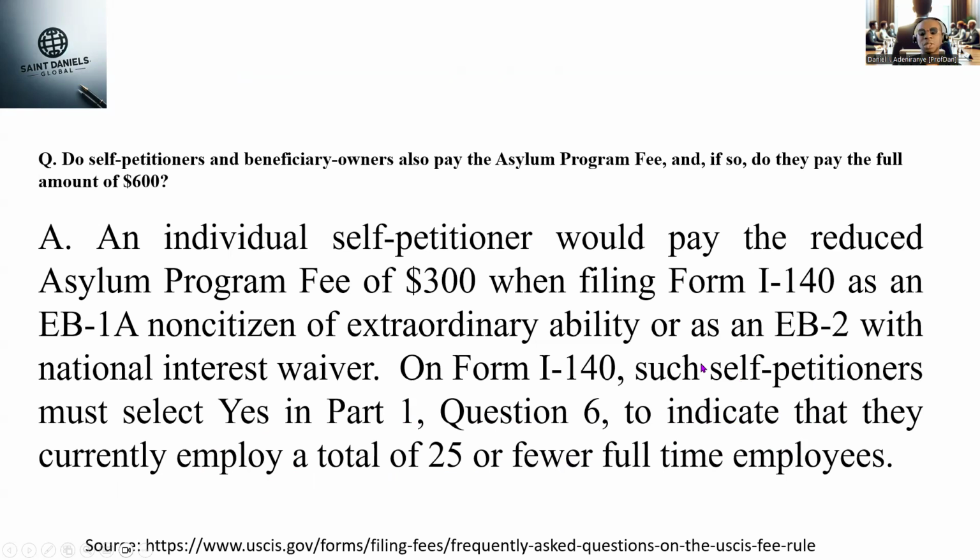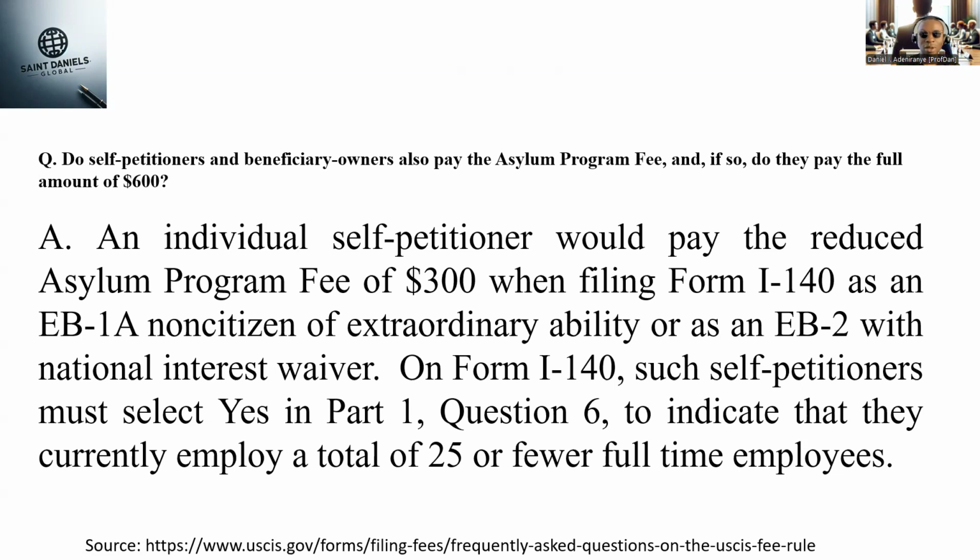Such self-petitioners, there are only 2 categories of self-petitioners for the employment-based 1 to 5 category, and those are the employment-based second preference EB2 national interest waiver, or the employment-based first preference extraordinary ability, which is the EB1A.